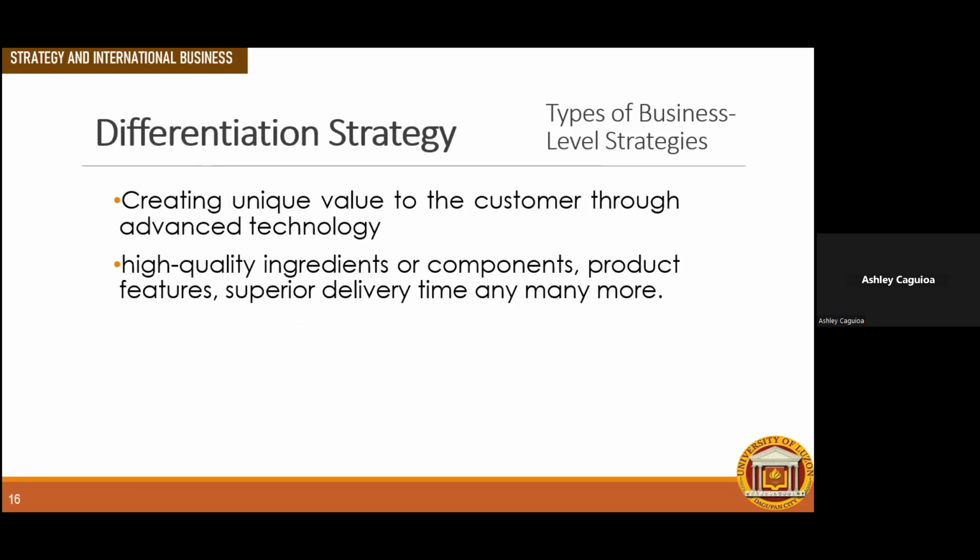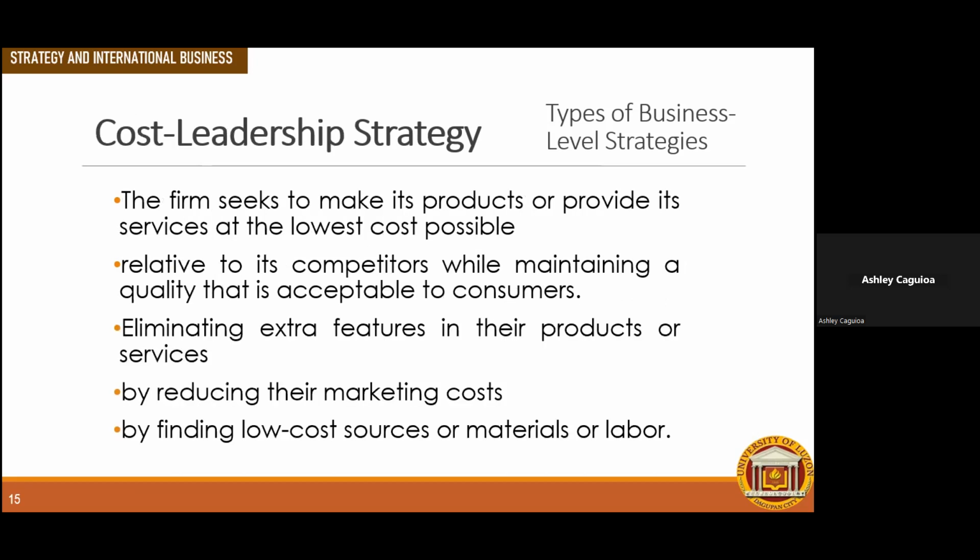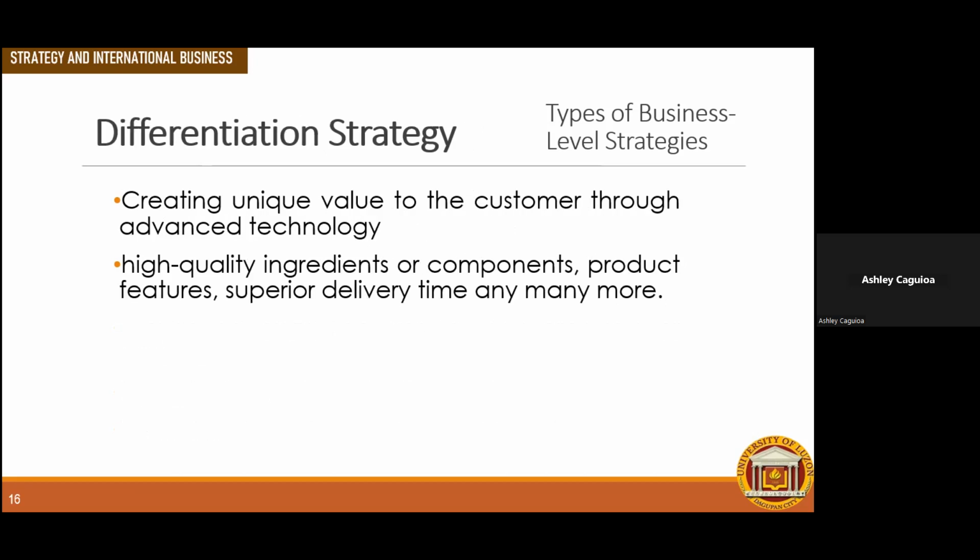Next, we have differentiation strategy, creating unique value to the customer through advanced technology, high quality ingredients or components, product features, superior delivery time, and many more. So, ang differentiation strategy naman po is different din siya kay cost leadership strategy.